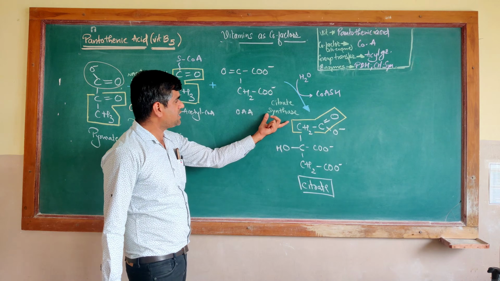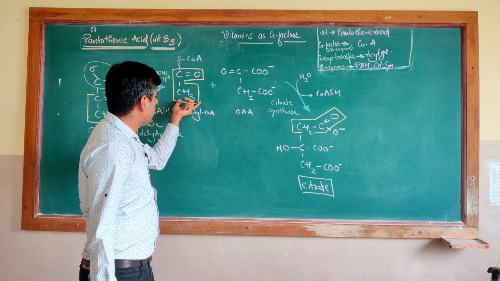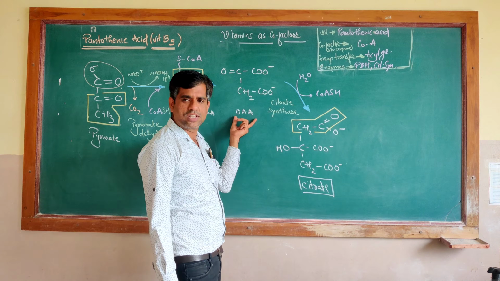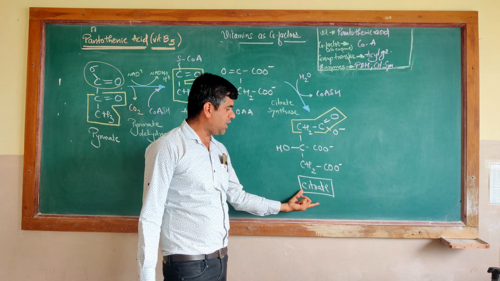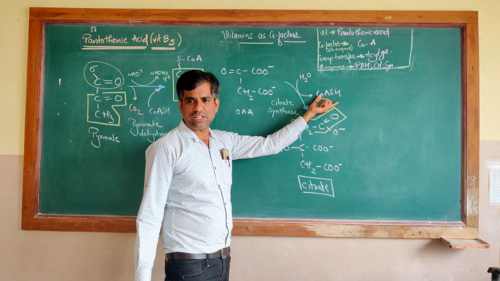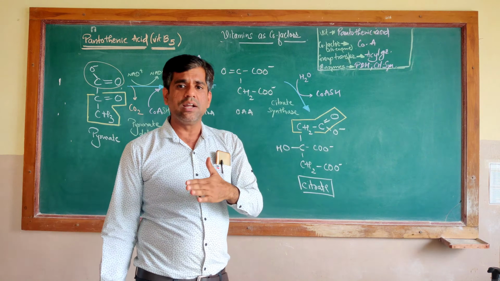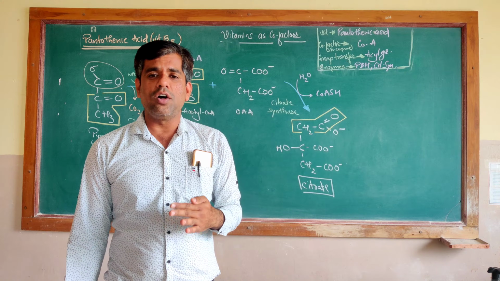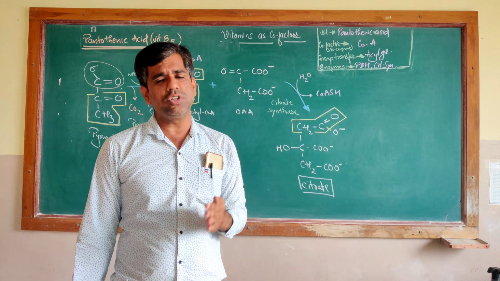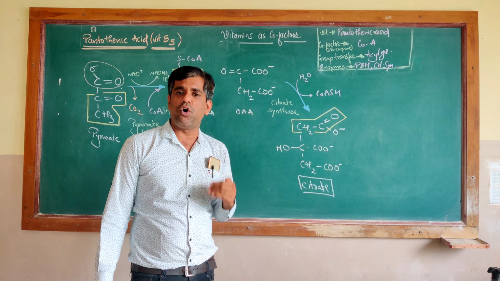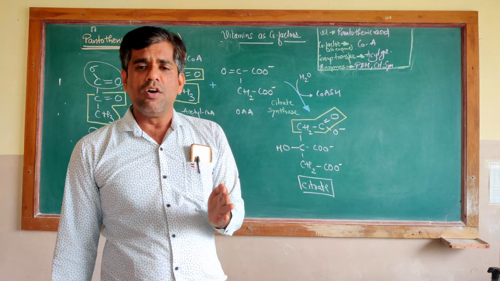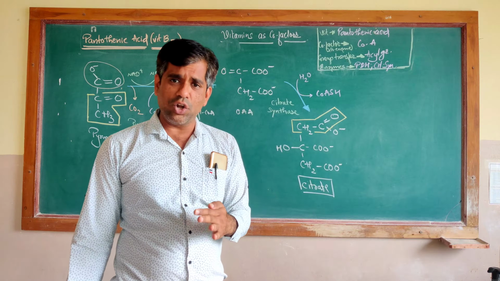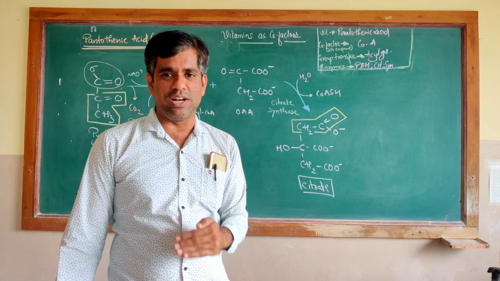So citrate synthase will take this acetyl group from acetyl-CoA, attach it to oxaloacetate and form citrate, and your CoASH is released, which can again act as a carrier of the next acetyl group. So this is how your vitamin B5, or pantothenic acid, works in the form of coenzyme A for the transient intermediate carrying of acetyl groups and acyl groups in general.